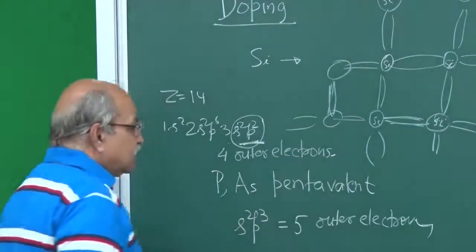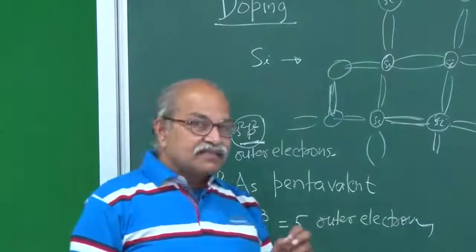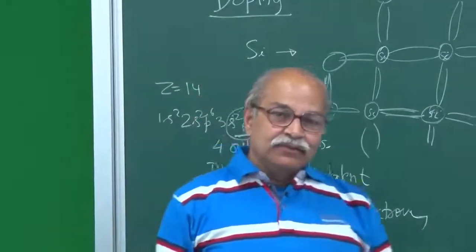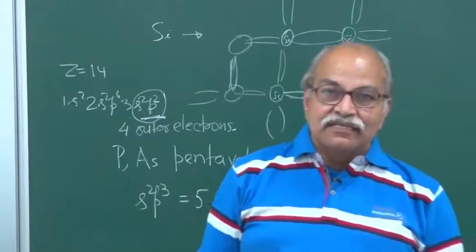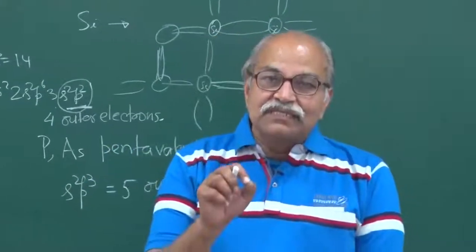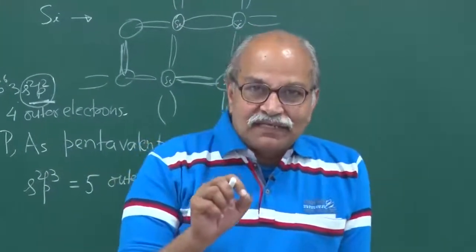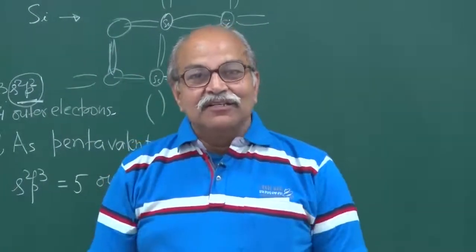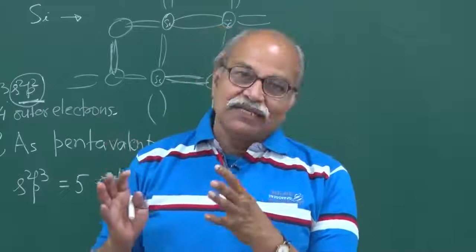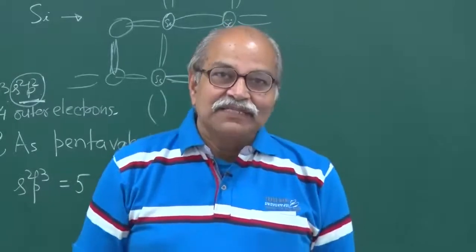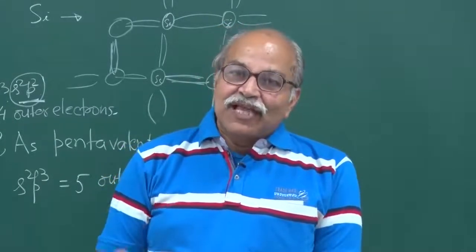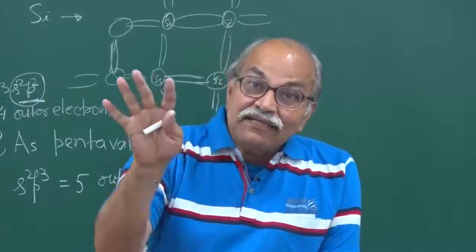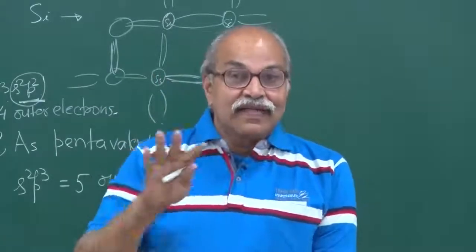So what happens if I take arsenic and through metallurgical processes diffuse a little bit of arsenic into this silicon crystal? The process has to be well formulated and well implemented so that we retain that silicon crystal at the end.